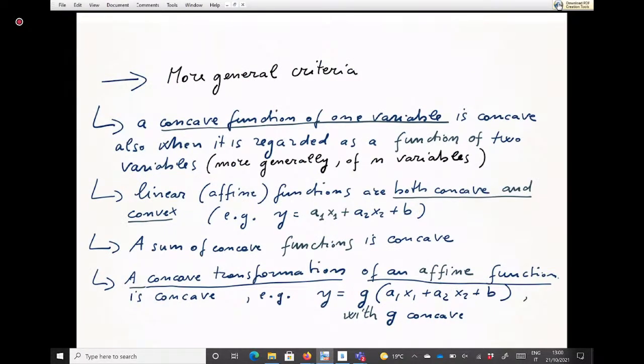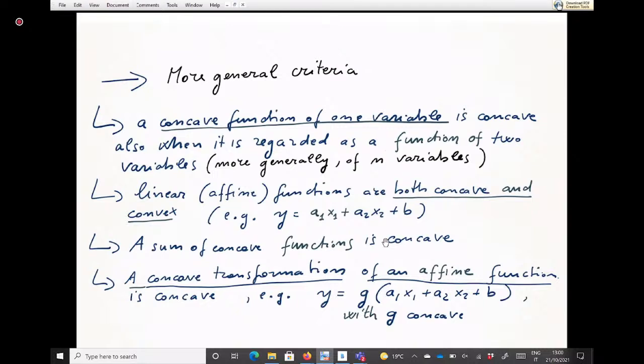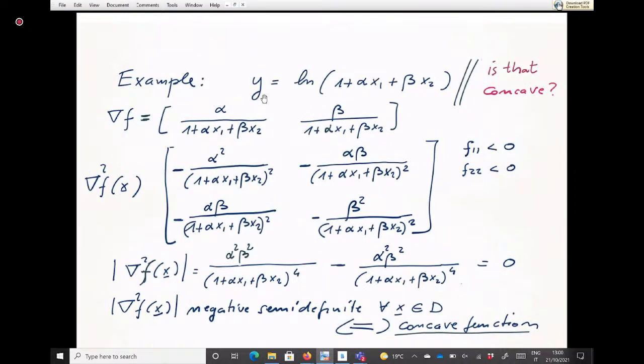This is already one step further, but there is another way to check for concavity of two variable functions, and we can be sure. Remember what we said about quadratic forms, okay? Now, take a function of two variables, compute the Hessian matrix, which in general will depend on both x1 and x2.